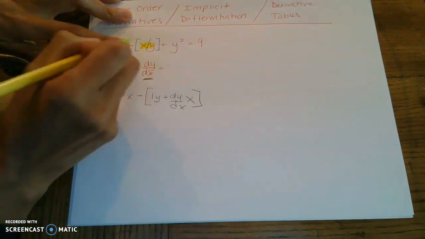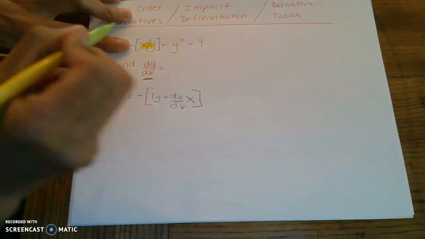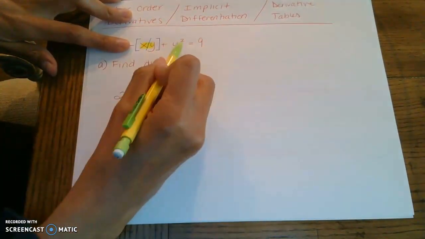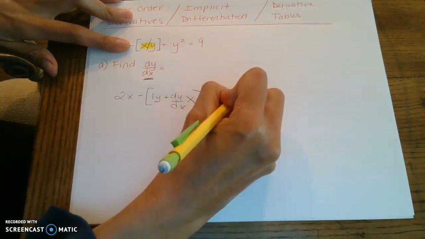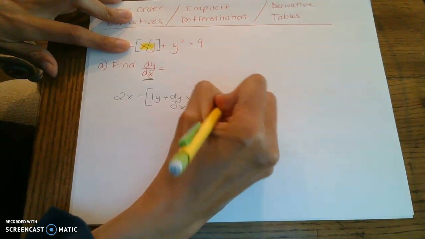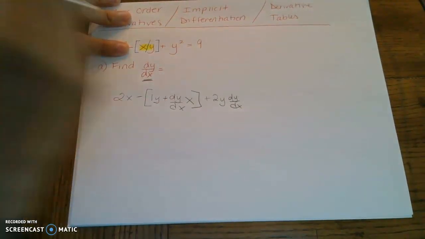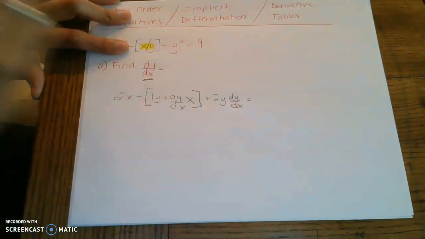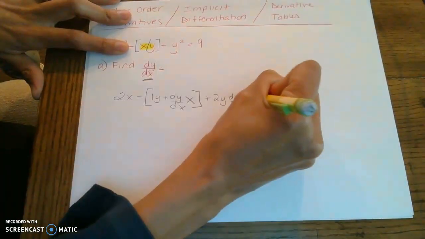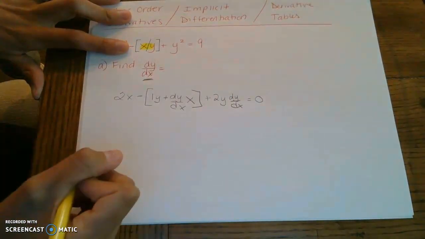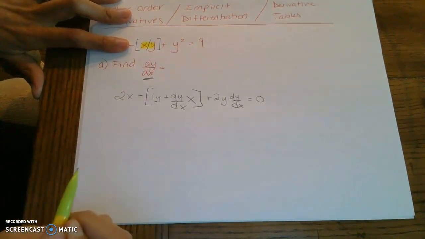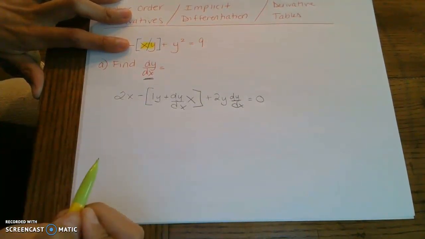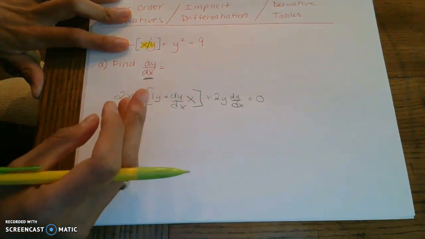I'm done with that, but I'm not done with the entire expression, so I continue. Plus, the derivative of y squared is 2y, but this also requires a dy dx because I just took the derivative of y, equals the derivative of 9 is 0. So now I'm here, and when I see 2 dy dx's, I know I'm going to have to GCF the dy dx out and isolate the dy dx.